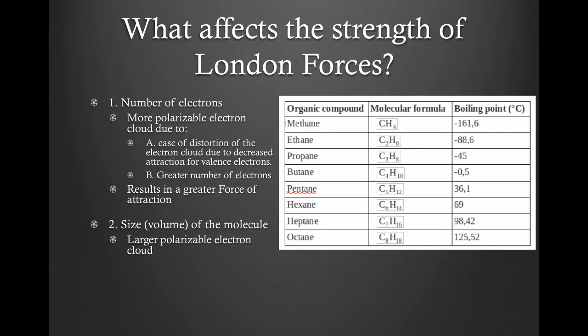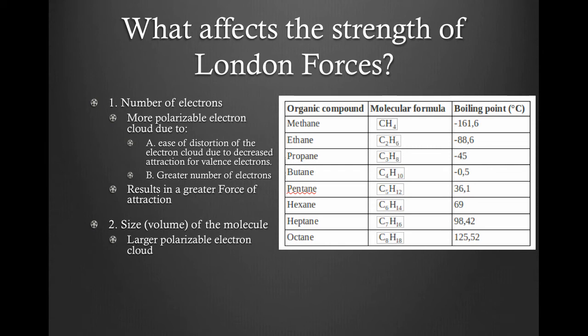And then notice once again we have carbon-hydrogen bonds, which are very weakly polar. And so even though there could be a slight polar attraction, the London force is much stronger, as you see, because the boiling point of methane, which has just one carbon, is negative 161.6 degrees Celsius.